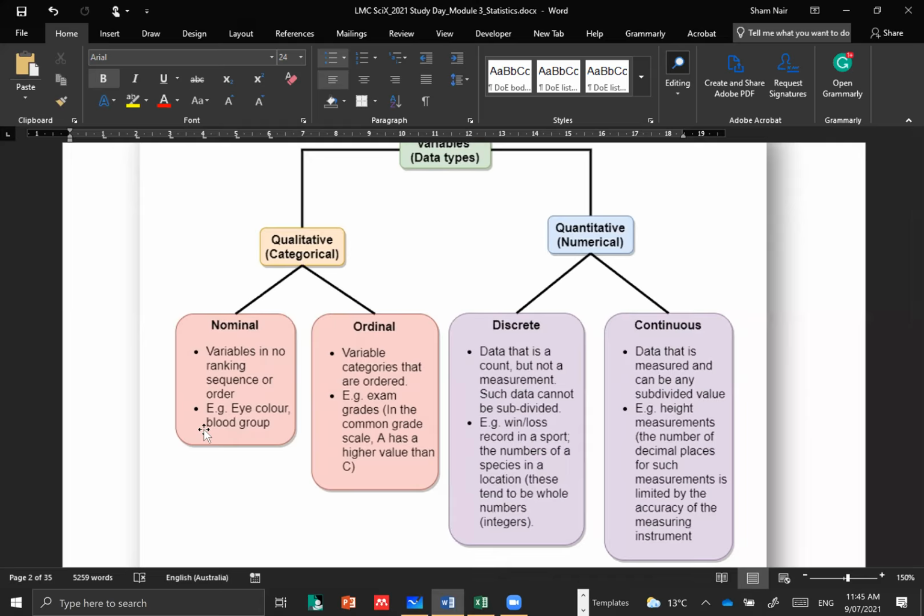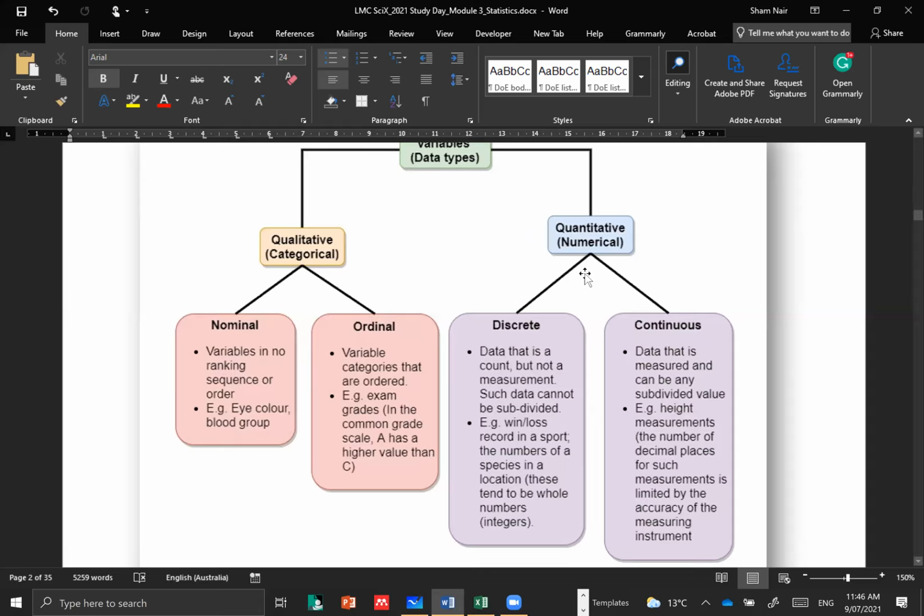And blood groups can be A, B, and O. Ordinal data is again categorical or qualitative data, but it actually has a ranking order. If you look at, say, exam grades A, B, C, D, E, A is higher than B, which in turn is higher than C, and so on. That's called ordinal. The word ordinal comes from order.